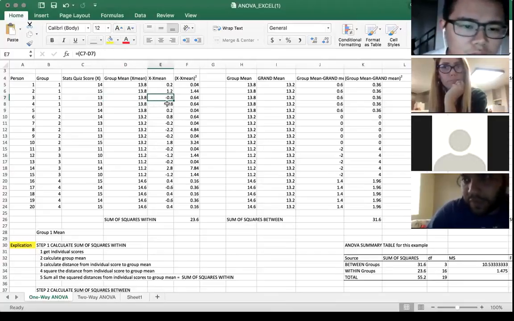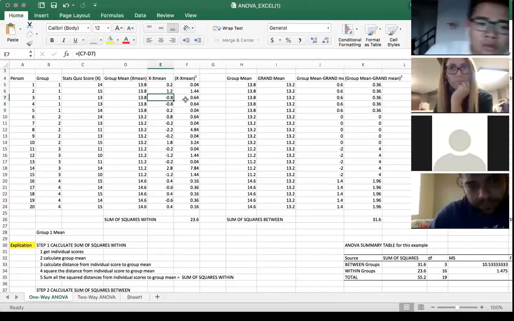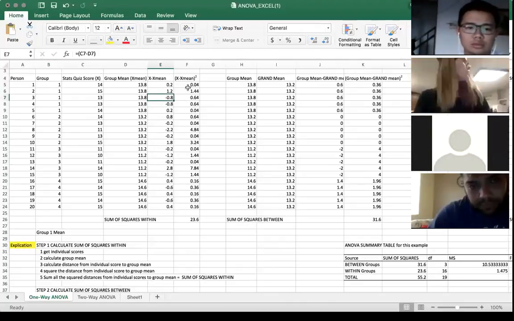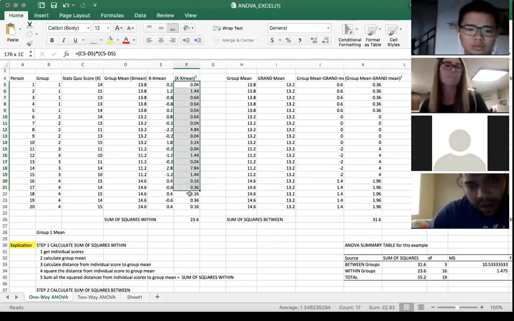So this person is actually below the mean, okay? Now we square negative 0.8, which is positive 0.64, right? So that's the squaring part, it gives us only positive values in this column.